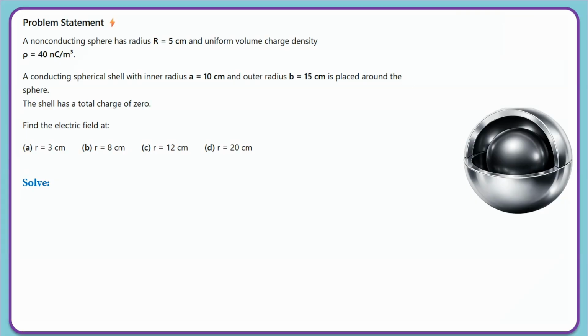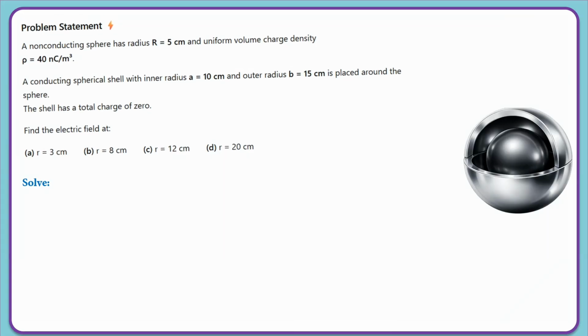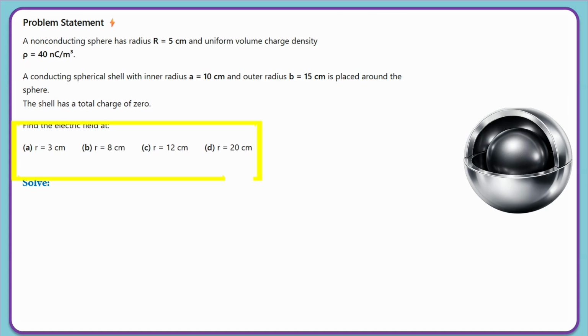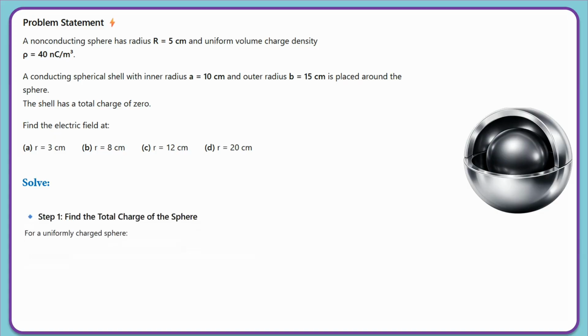In this example, we have a charged, non-conducting sphere surrounded by a neutral, conducting shell. We need to find the electric field at 4 different positions. Before solving, remember that the first step is always finding the total charge of the uniformly charged sphere.